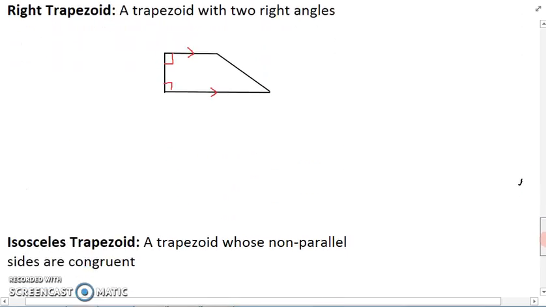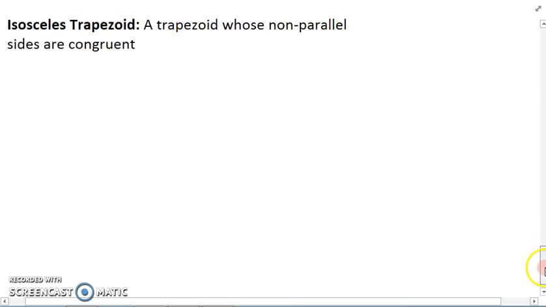And then finally here, underneath that, we have this isosceles trapezoid. So finally take a second to pause the video and try to draw an isosceles trapezoid.